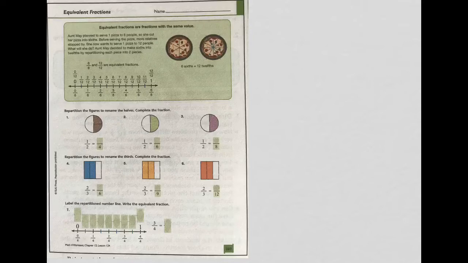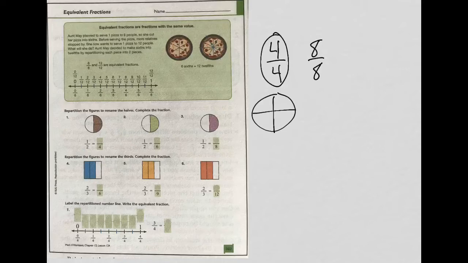I'm going to give you an example of 2. 4/4 has the same value as 8/8. Do you know why? Well, they both represent one whole. We've learned that 4/4 represents one whole of the fourths.